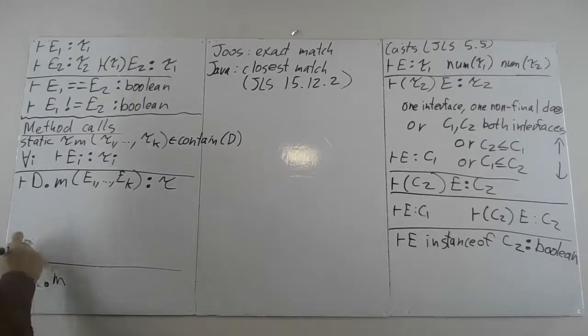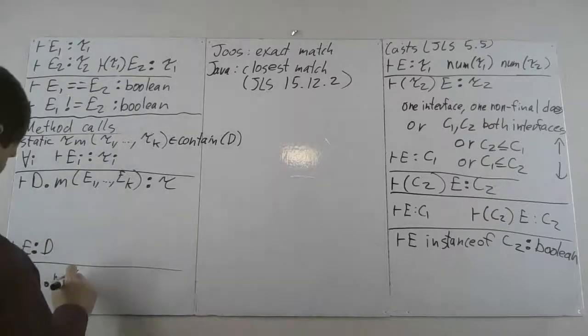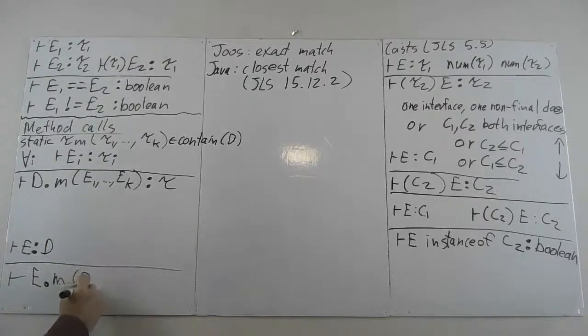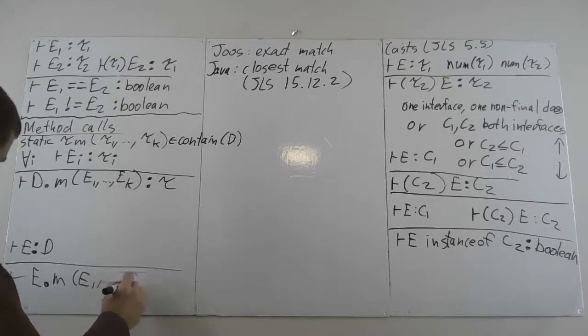I'm going to type check my expression. And I want to make sure that my expression has a class type D. Okay, and my method call has arguments as before.